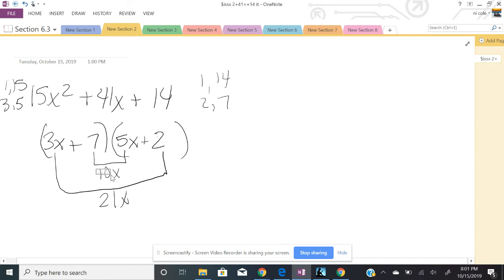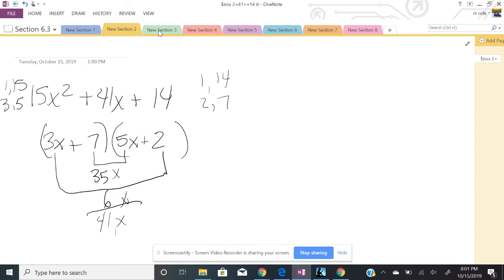So 7 times 5 is 35. And then 3x times 2 gives me 6x. 35x plus 6x is 41x. So that would give me my solution set.